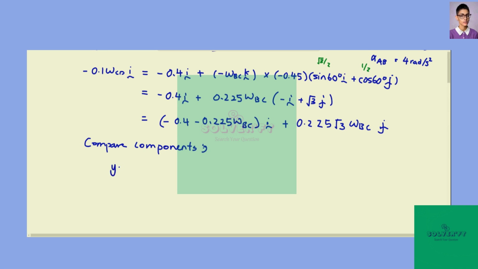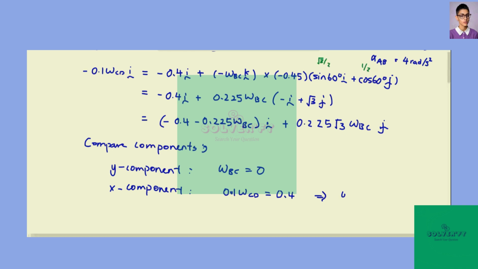For the y component, we get omega BC equals 0. For the x component, we get 0.1 omega CD equals 0.4.